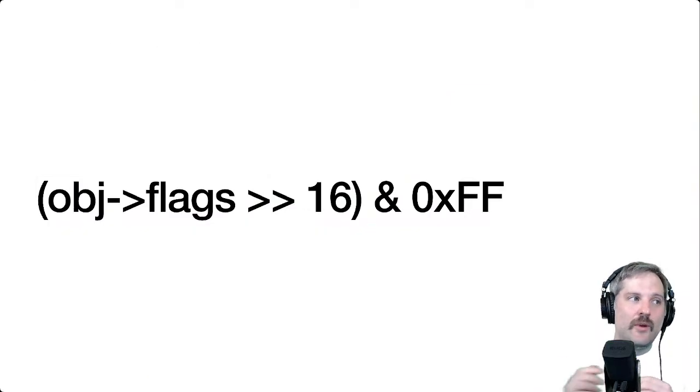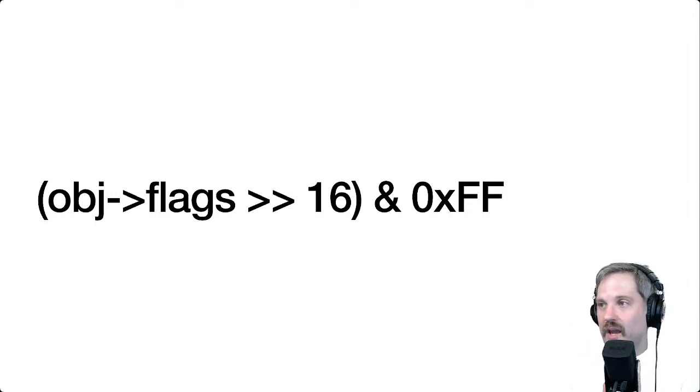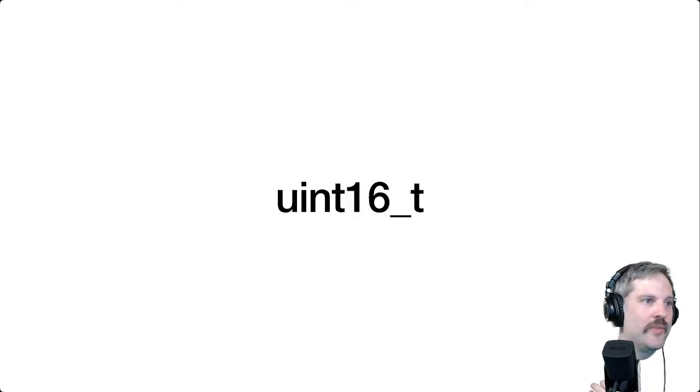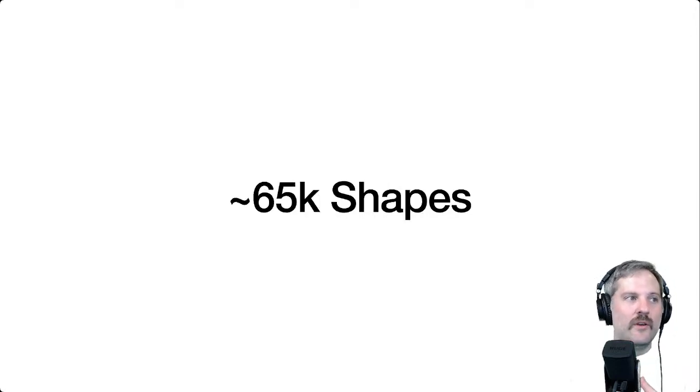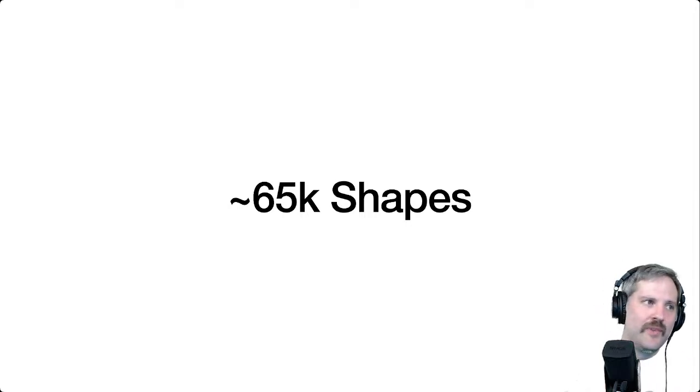What's really nice about storing it in the top 16 bits is that we can get that value back really easily by just downshifting the flags by 16 and applying a mask, and we have our shape ID for the object. This is why we're currently limited to 16-bit shape IDs, which means we only have about 65,000 shapes available in the system total.